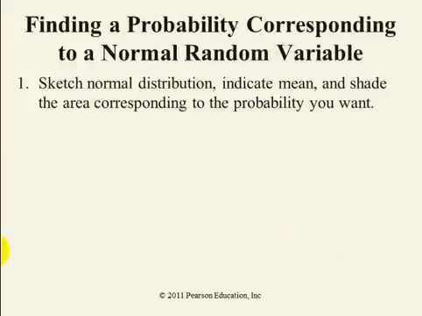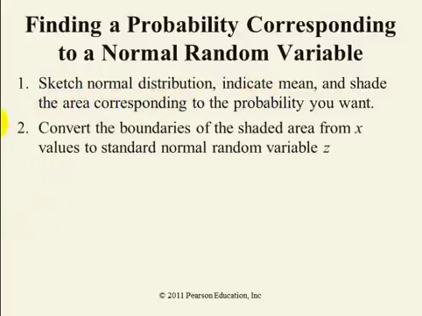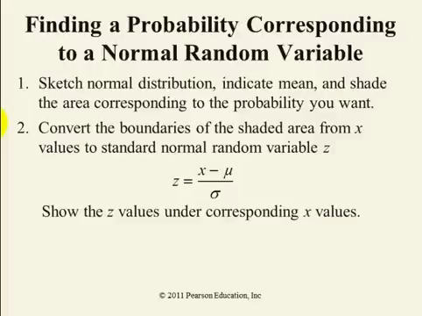That's all great. So what you want to do when you work these problems every time, always, consistently, so I'm trying to make a point, is sketch the distribution, indicate the mean, and shade the area corresponding to the probability you want. It's very important. It goes a long ways. And then convert the areas from an x value that you start with to a standard normal value by doing this simple little trivial change of x minus the mean divided by the standard deviation.